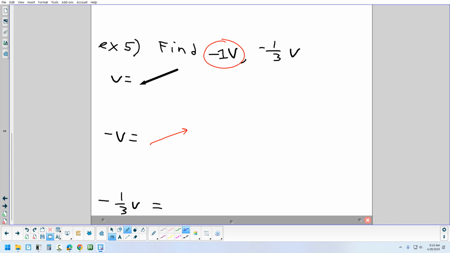I already got the direction flipped, so just take that and estimate about 1/3. If we were doing it on graph paper, we could do it exactly. Any question on that one? So what kind of product is that called again? Scalar product. Longer, shorter, or flip.